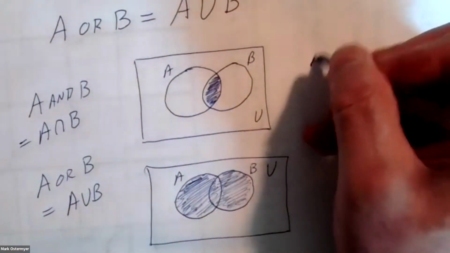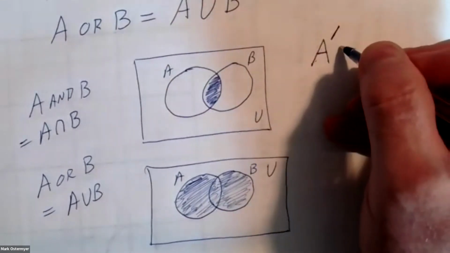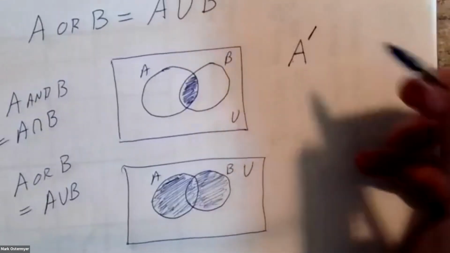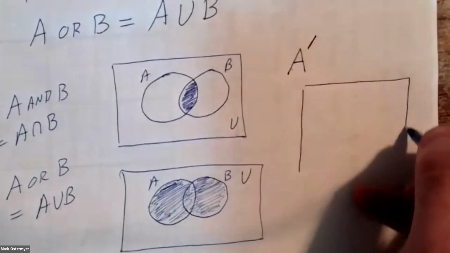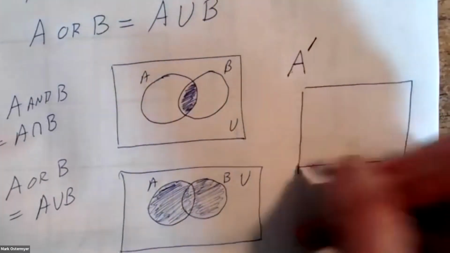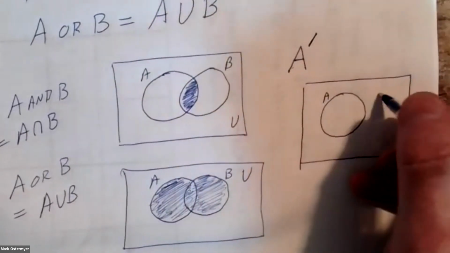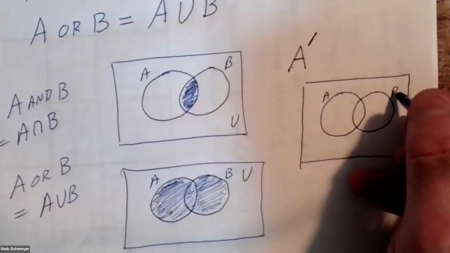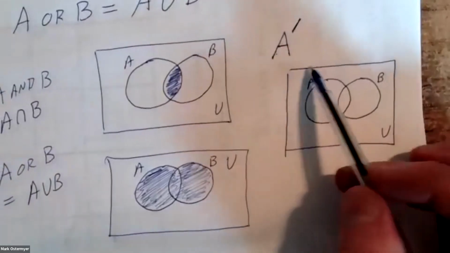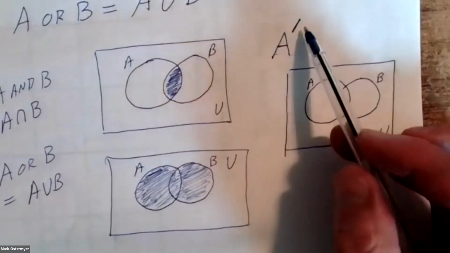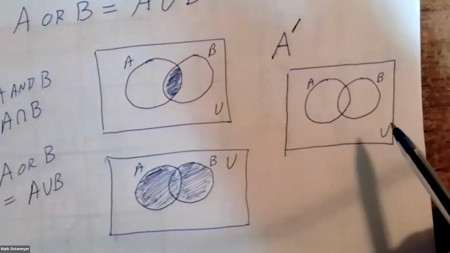What would the complement of set A be? How would we shade the region that would contain all elements that are found in the universal set that are not found in set A? This is set A. This is set B. This is your universal set. How would we represent using a Venn diagram all elements that are found in the universal set and yet not found in set A?